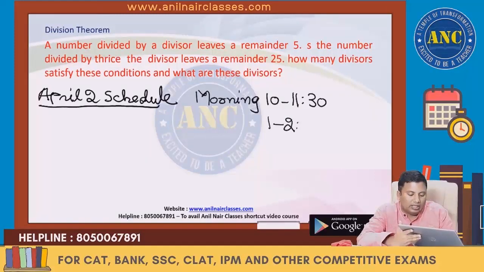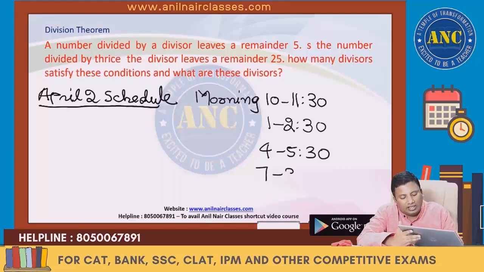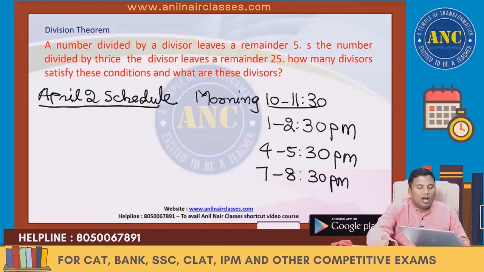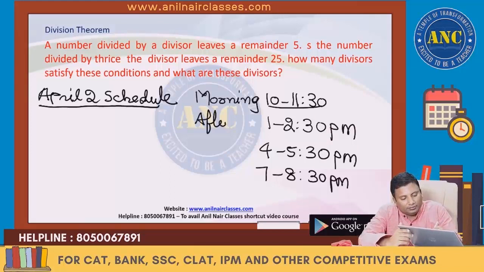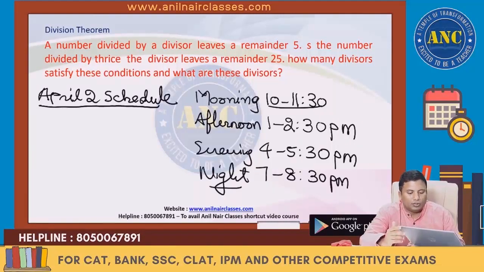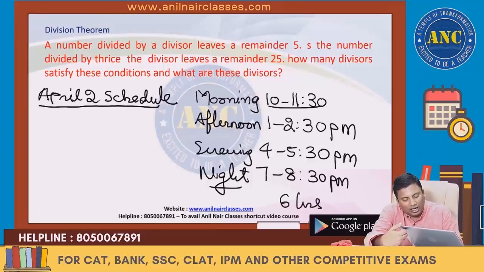Afternoon 1 to 2:30. Evening 4 to 5:30. Night 7 to 8:30. So again 4 into 1.5, again 6 hours of marathon classes.